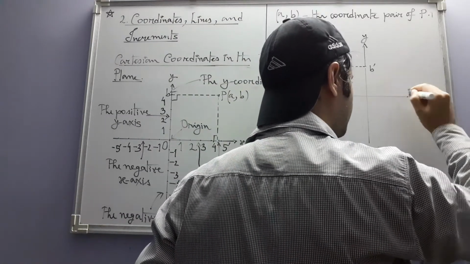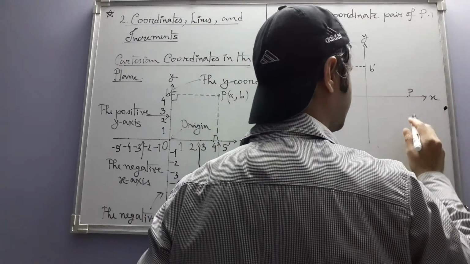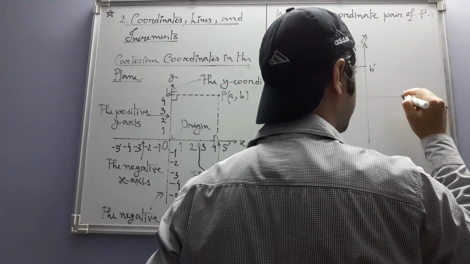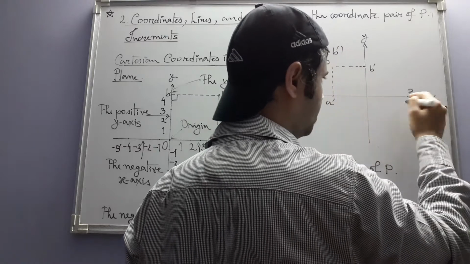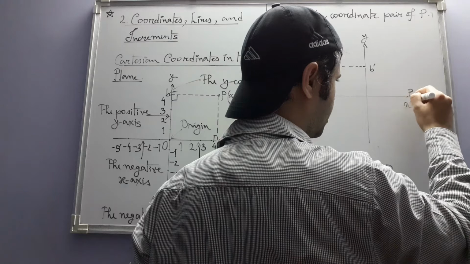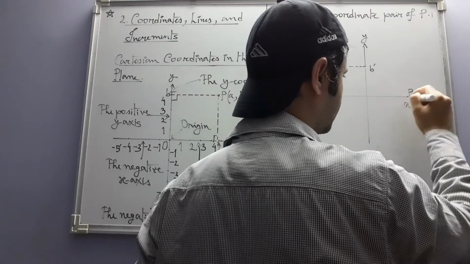Here the foot of the perpendicular is P itself, so this is the x coordinate, and the x coordinate is some real number which represents this point, say a double prime.